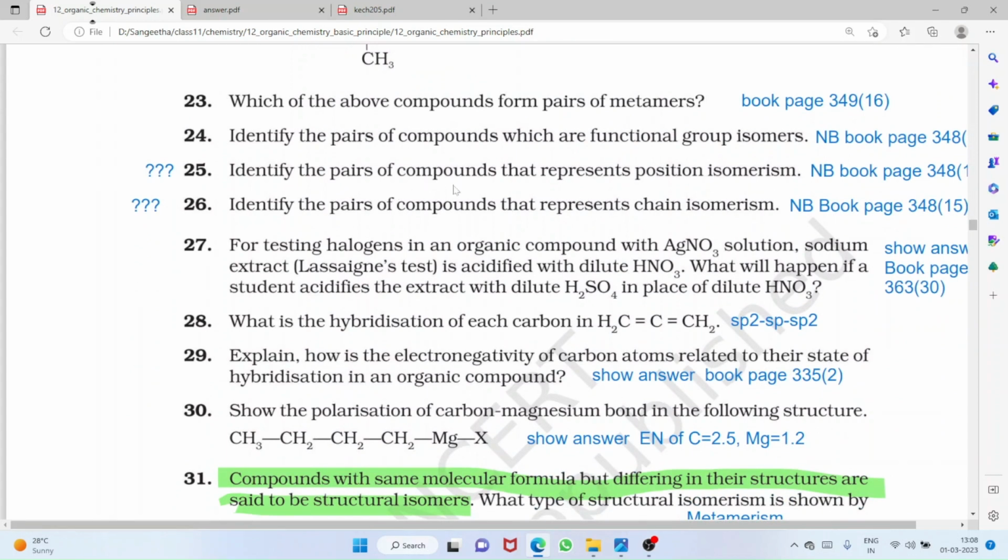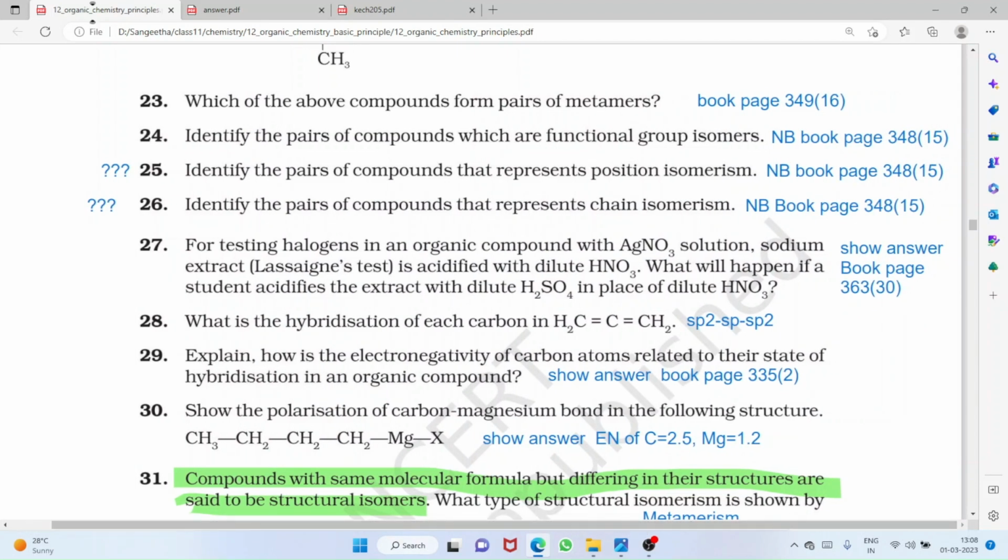Identify the pair of components which are functional group isomers.